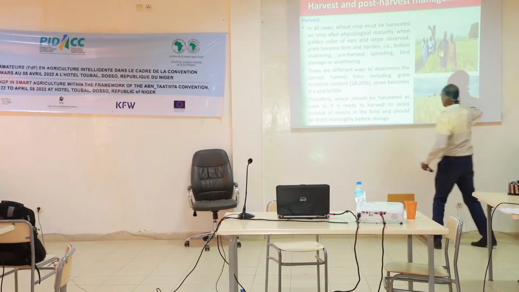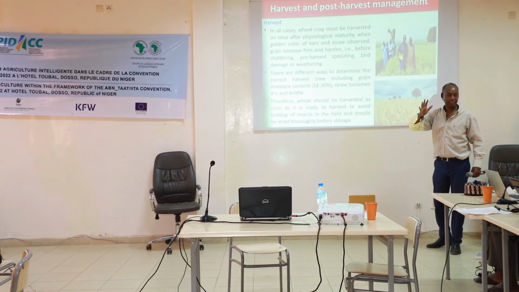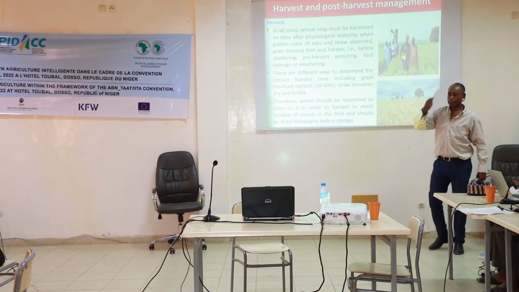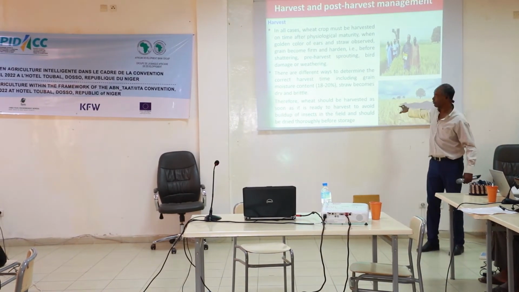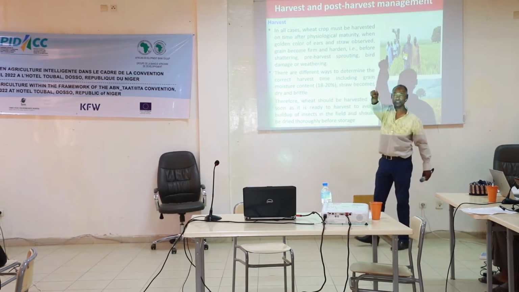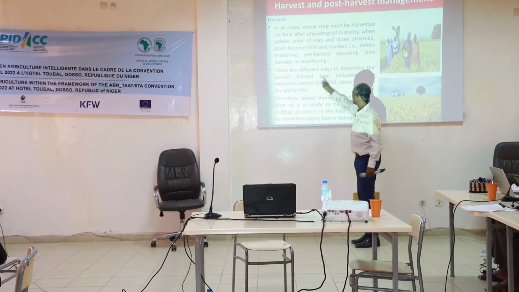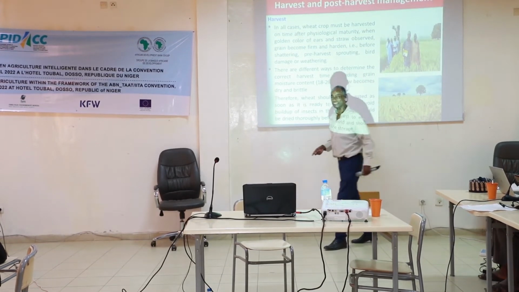It changes to yellow. It's very clear, yes? But only color change is not enough. When you harvest, your question is coming, the moisture content should be between 18 to 20%.